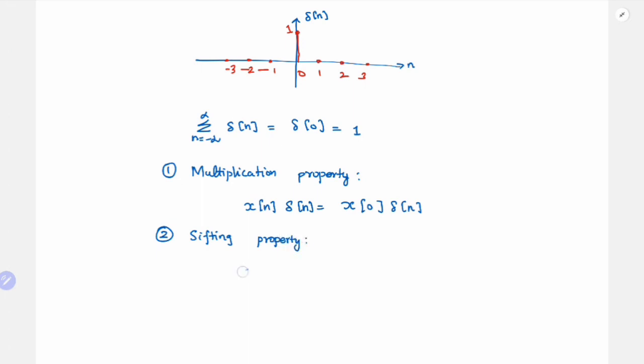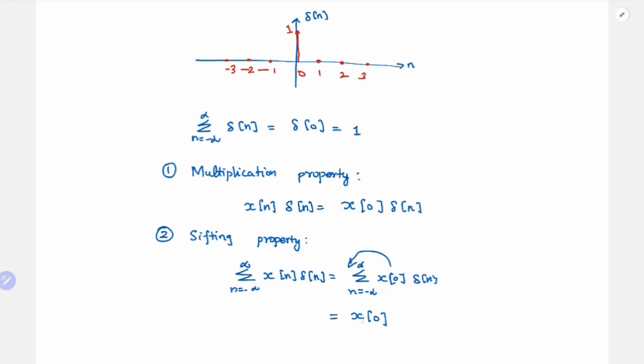So here it is just summation n equal to minus infinity to infinity, x of n, delta of n. It will give us summation n equal to minus infinity to infinity, x of 0, delta of n. So x of 0 is a constant, it is just one single value. You can take it outside the summation, and then it's a summation of delta of n, which is equal to 1. So this is equal to x of 0.